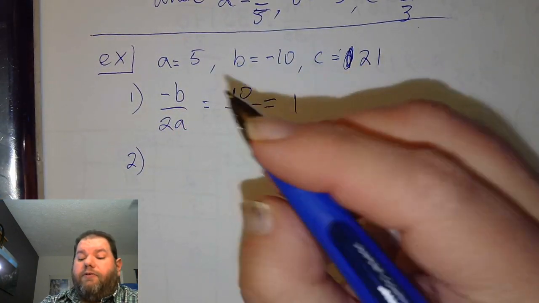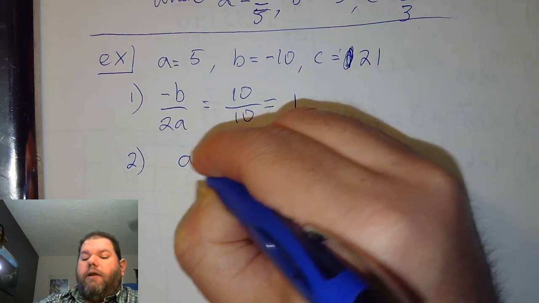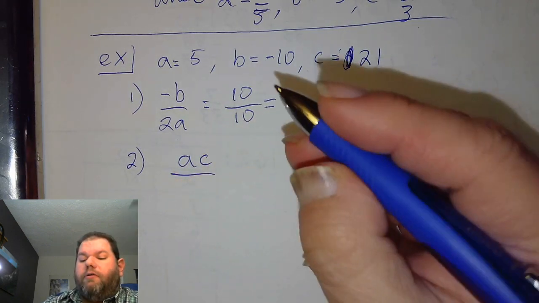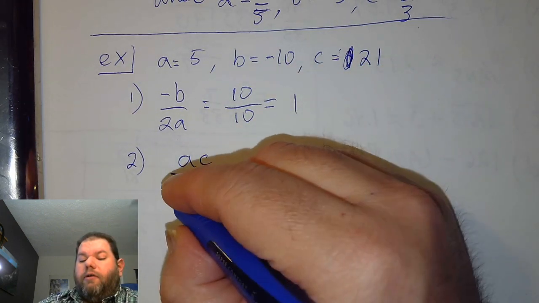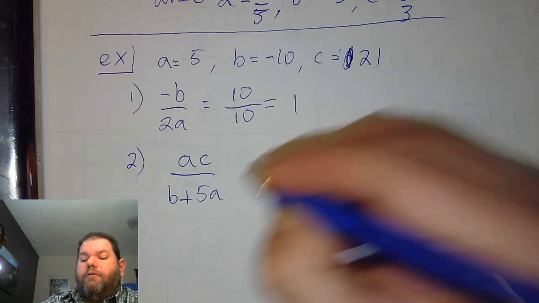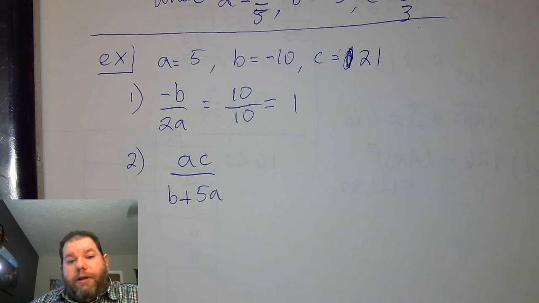Second problem, let's try A times C over B plus 5A. Okay. So again, we plug in the values.